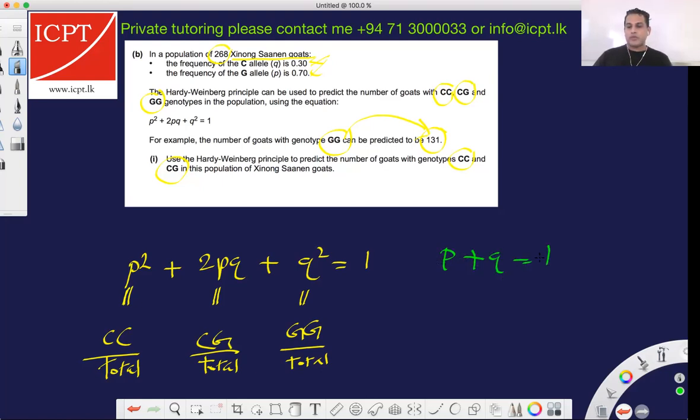This we also know: the dominant and recessive frequencies, when you add them, are always 1. So what are the numbers given to us? The total number is given, which is 268.